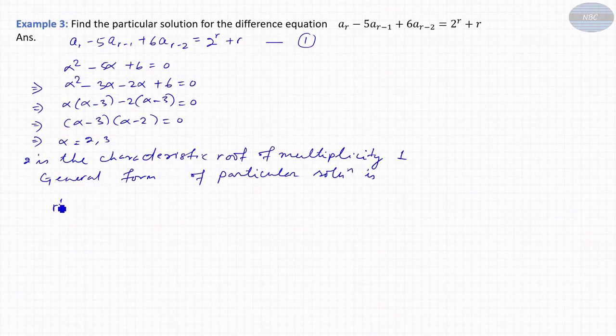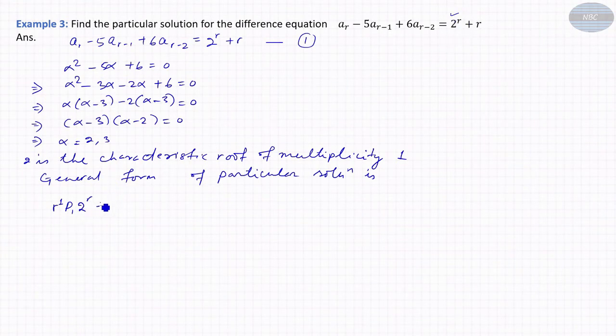So here m is equal to 1, so we have to write r to the power 1. Then here 1 is multiplied with 2 to the power r. So 1 is a polynomial of degree 0, so we can write a constant p1, then this 2 to the power r. This particular term is for 2 to the power r.